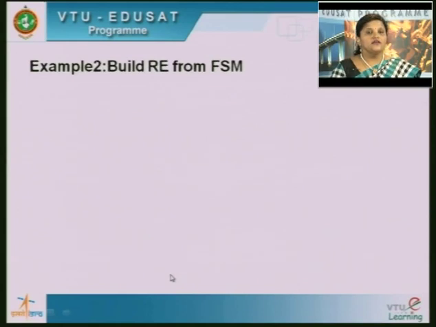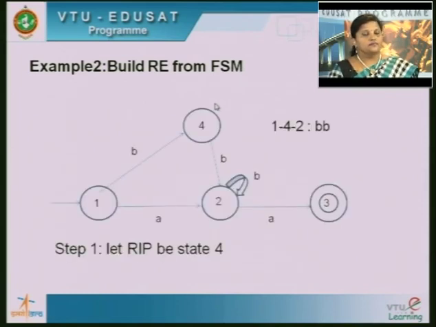So let us see some examples of how to build the regular expression from an FSM. I have taken the same example given in the textbook. In the last discussion of the algorithm, we found the equivalent transition from 1 to 3. Let us find the equivalent RE that this FSM accepts.